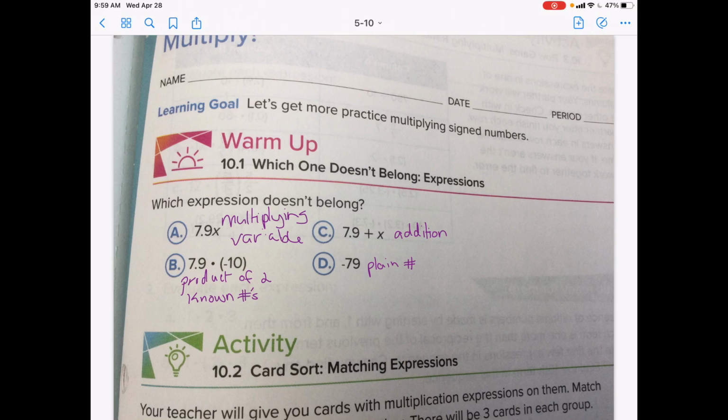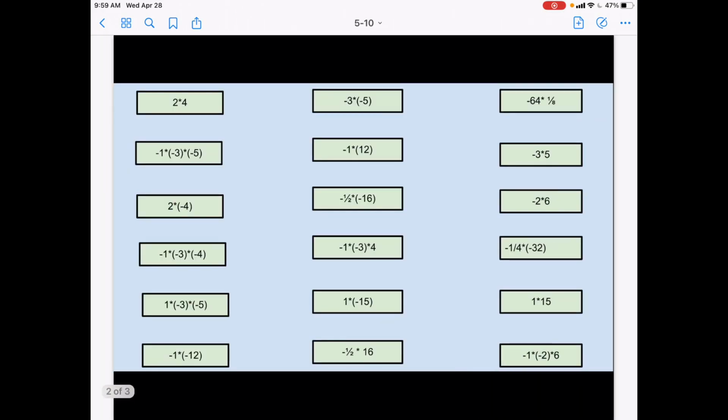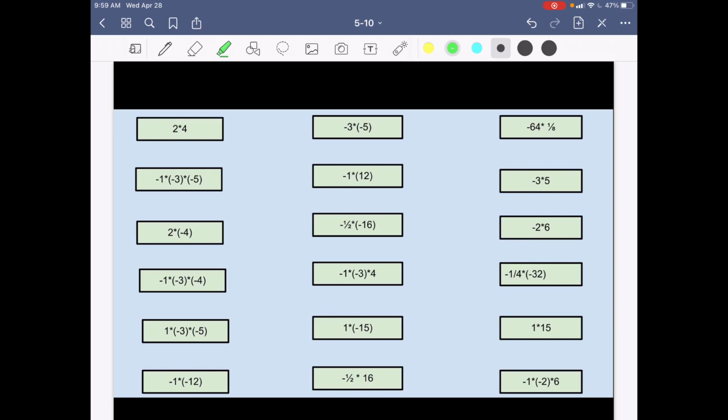The next one is a card sort matching activity. You have column 1, column 2, and column 3.